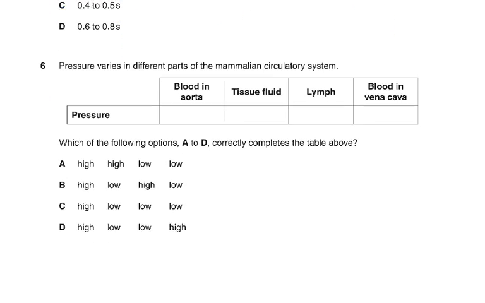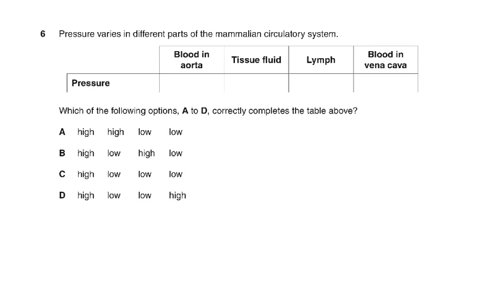Okay, then we come on to question number 6. Pressure varies in different parts of the mammalian circulatory system: blood in the aorta, tissue fluid, lymph, blood in the vena cava. Which of the following A to D correctly completes the table below? Now, the answer, of course, is C. Why?